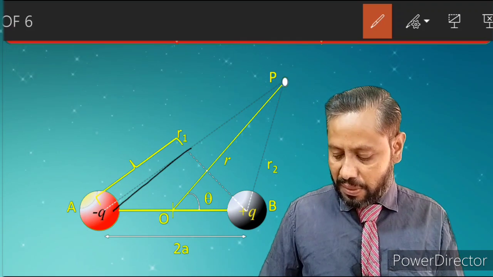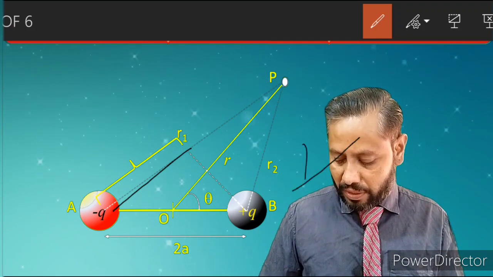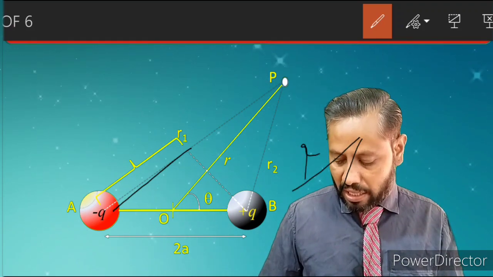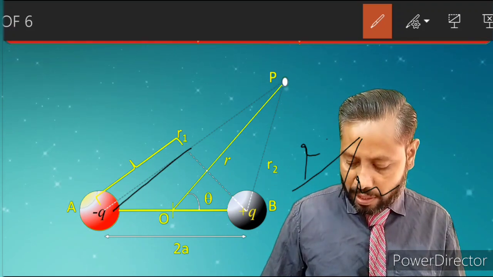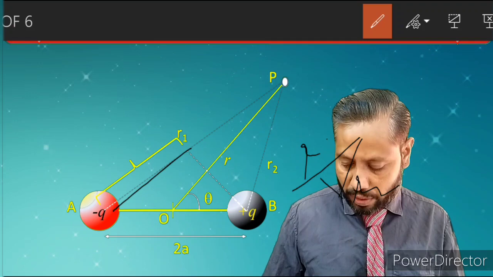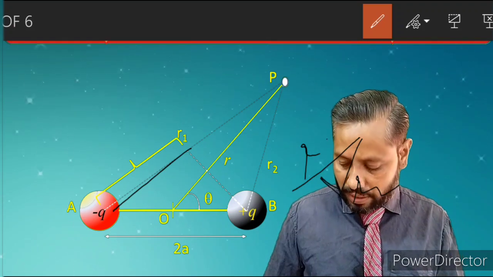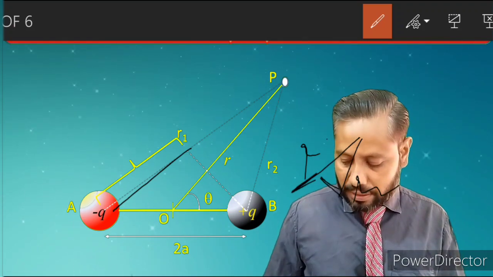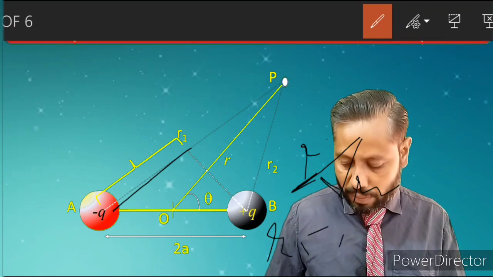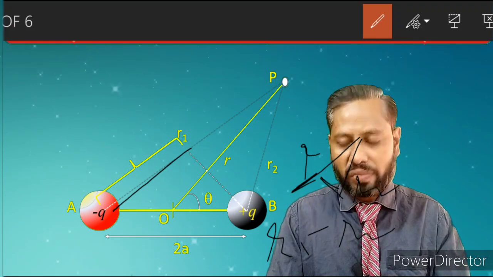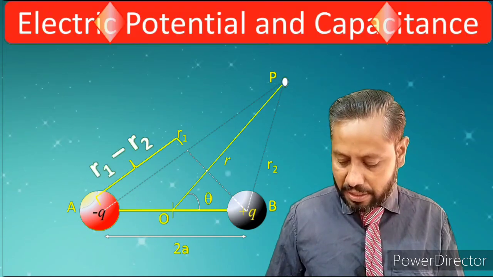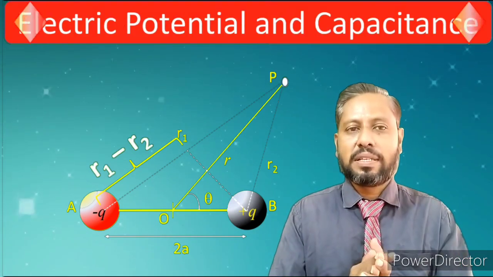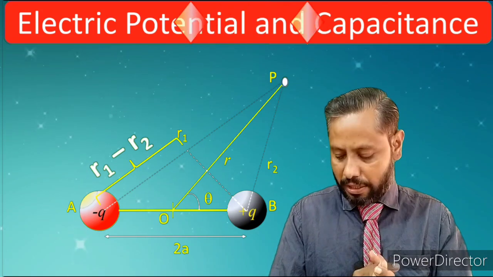Suppose I have a vector r1 and another vector r2, and if I take a perpendicular from here on r1, what is this remaining distance? It is given by r1 minus r2, right? In the same way here also, we can write this distance as r1 minus r2.